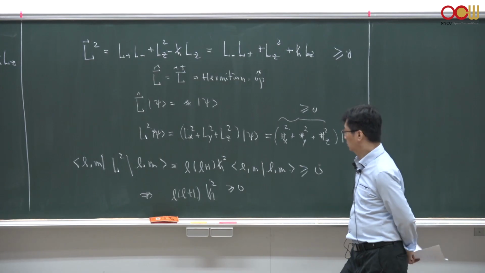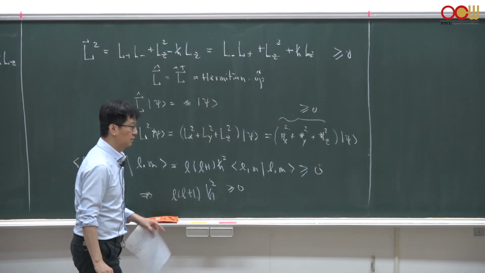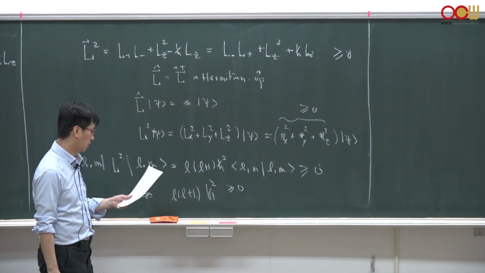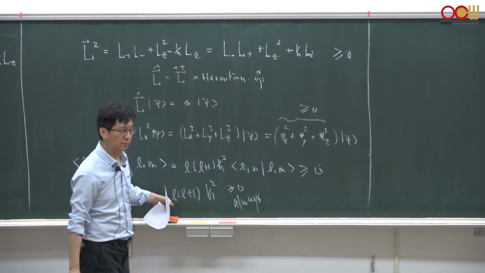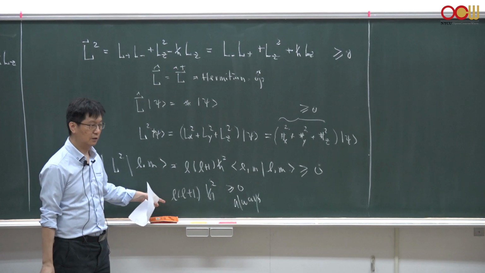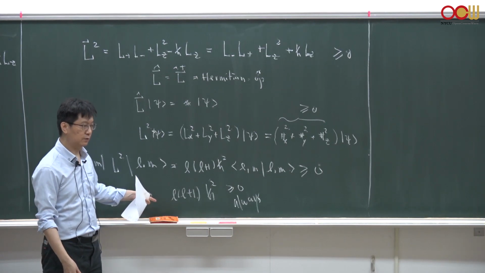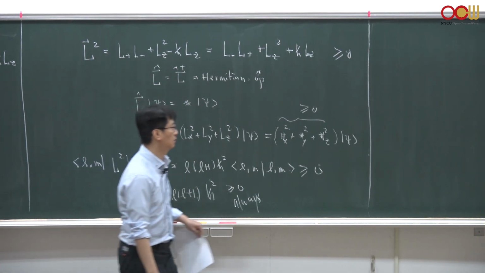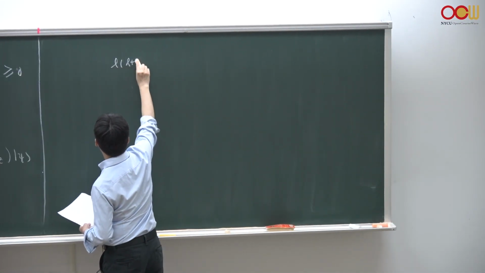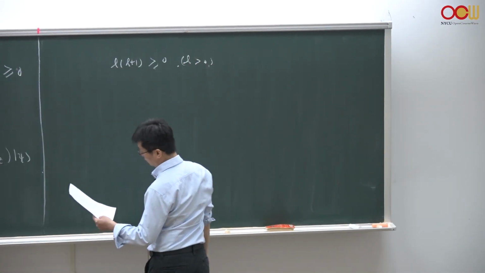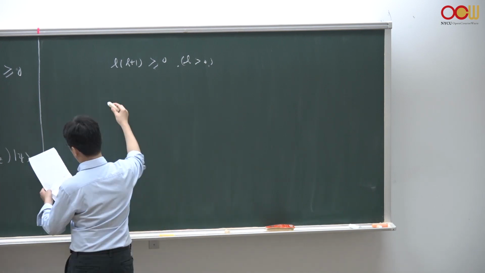Okay, so this is an important conclusion so far. So we know that l should be a real number, but it could be both positive and negative. But if l is positive, then this is fine. What about if l is actually negative?